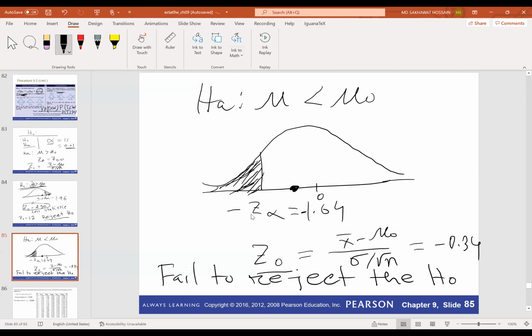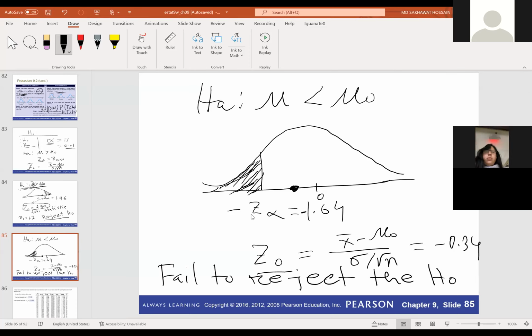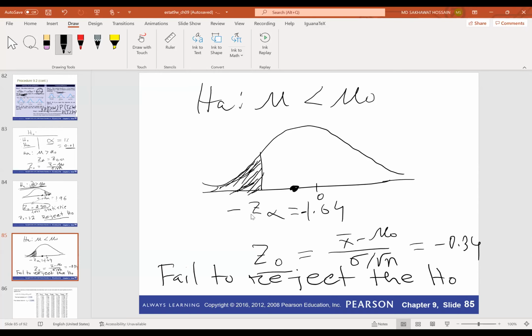So this is called the critical value approach. And our conclusion will be, we do not have sufficient evidence, or the data doesn't provide sufficient evidence to conclude that the population mean is less than mu0.